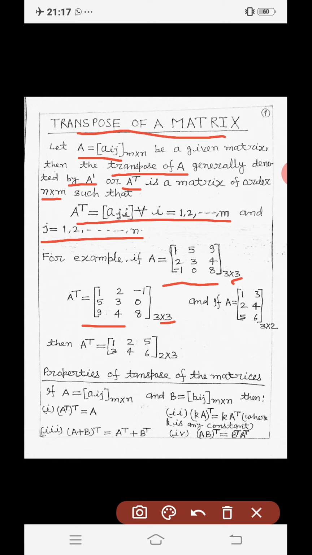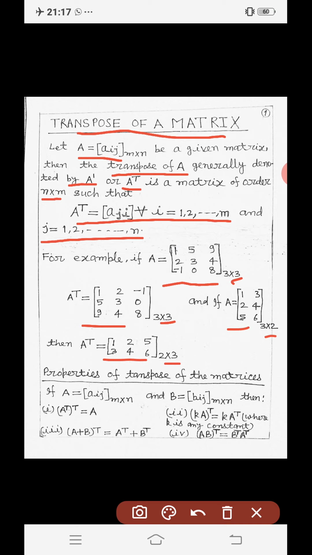Again, if A is a matrix having elements 1, 3, 2, 4, 5, 6 of order 3 by 2, then A transpose is equal to a matrix having elements 1, 2, 5, 3, 4, 6 of order 2 by 3. Here also rows and columns are interchanged.